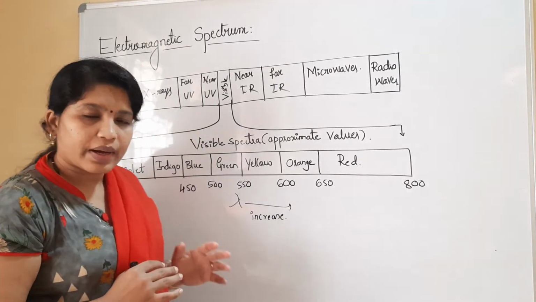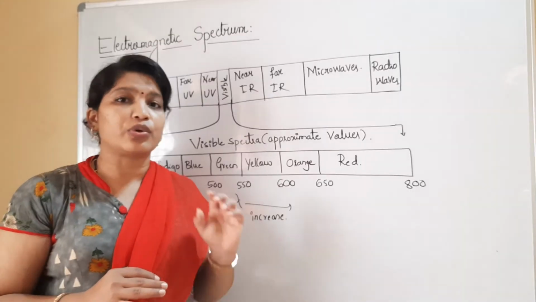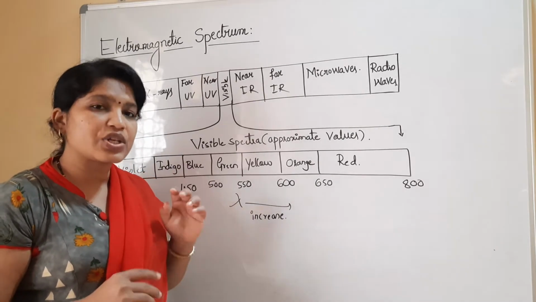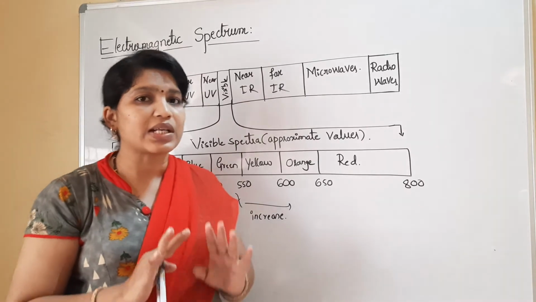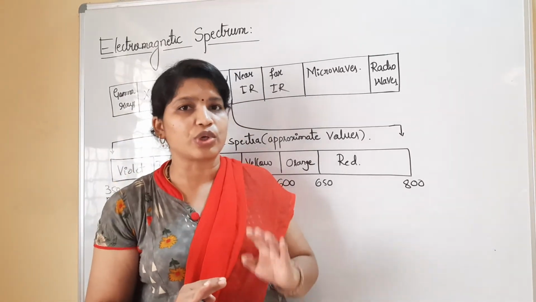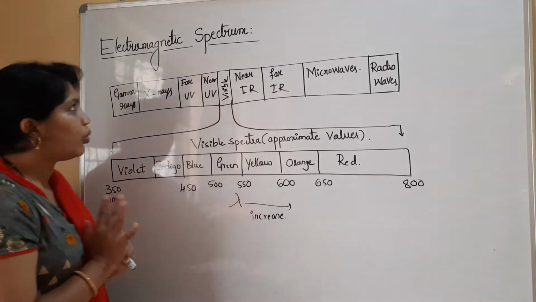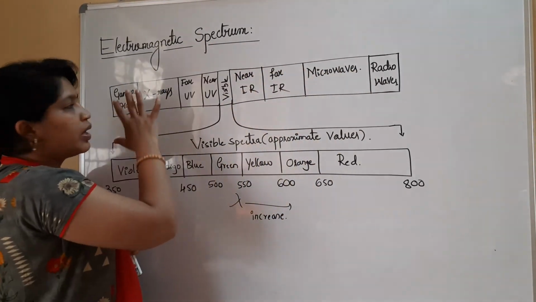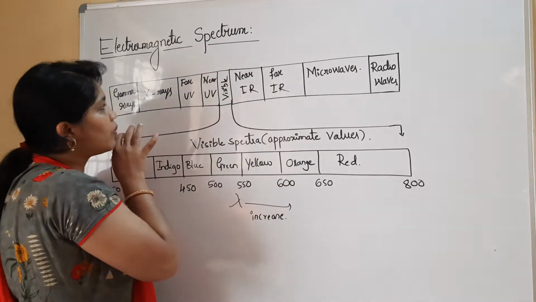And electromagnetic radiation energy is directly proportional to the frequency, whereas it is inversely proportional to the wavelength. I'll represent that later, don't worry. Now look here. This is called the electromagnetic spectrum. These different forms of radiations are present here.